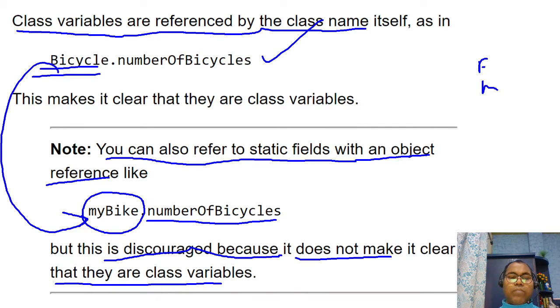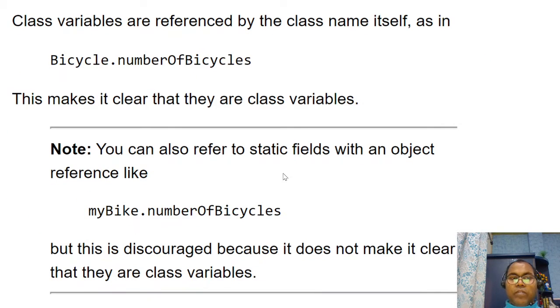The compiler does not disallow it, but whenever you write code like an object name with a static class member, internally the compiler replaces the object name with the class name. So always practice this: whenever you are trying to access a static data member, please use the class name to access it, whether it is a field or a method.